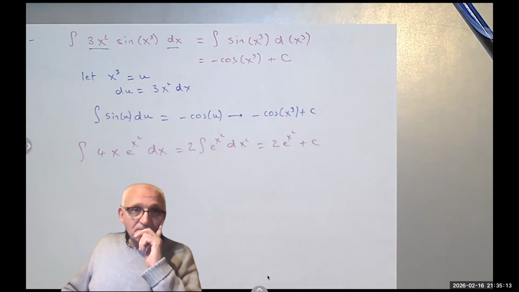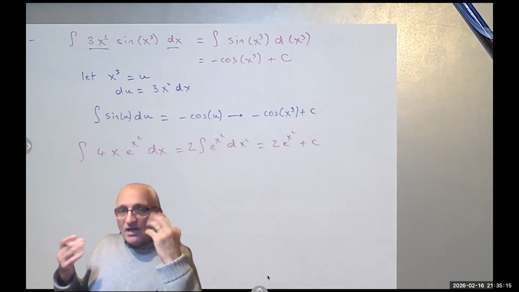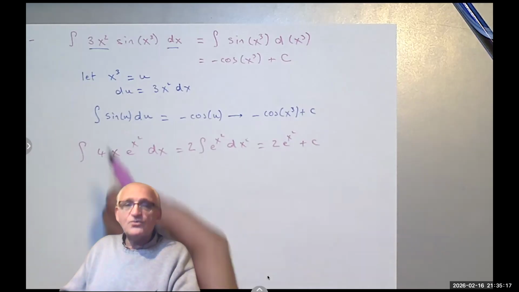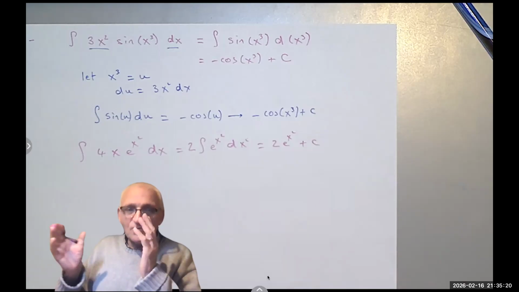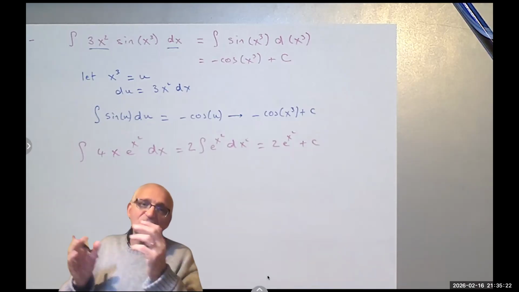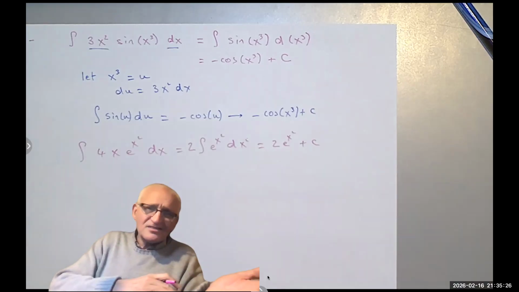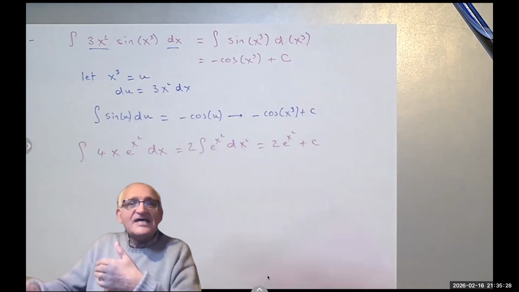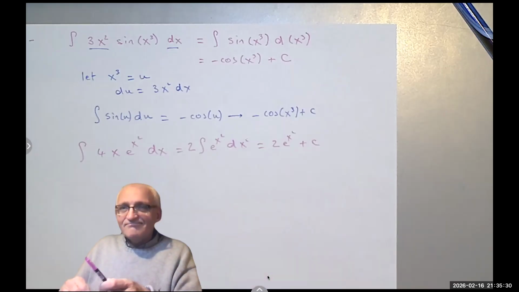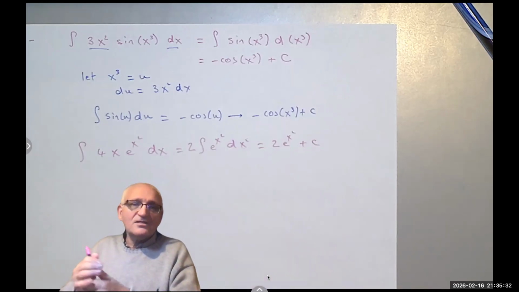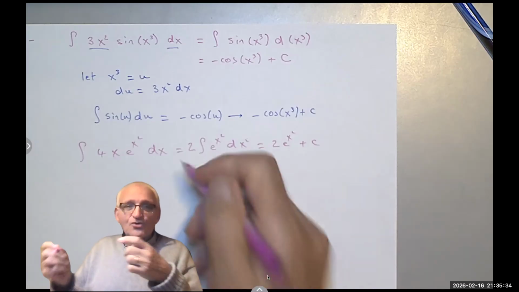Much faster. Again, it's not hard to say let u equals x squared and du equals 2x dx, and then substitute, and then solve in u, and then bring back to x. It's a lot of steps. And you can get maybe a sign error in the middle, or you forget the 2 or something.